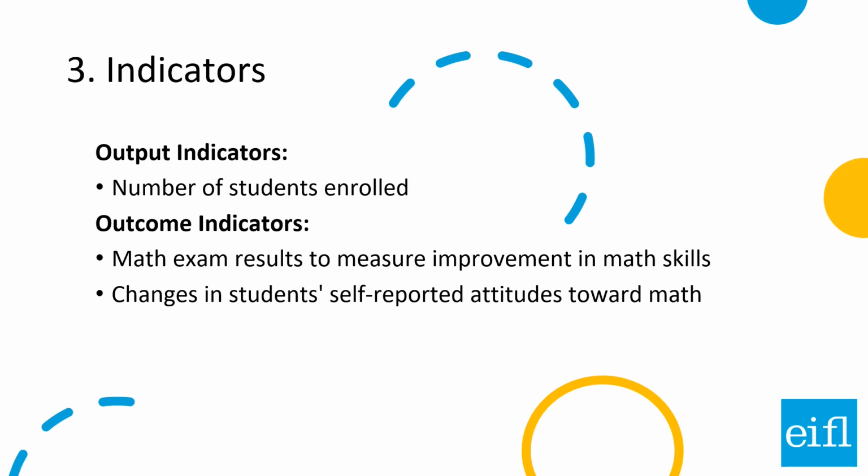Additionally, to measure the positive attitude shift toward math, they collected students' testimonials to assess changes in attitudes towards maths. As you can see, the library used both quantitative and qualitative indicators to measure project results. The first two indicators are quantitative, while the last one is qualitative.